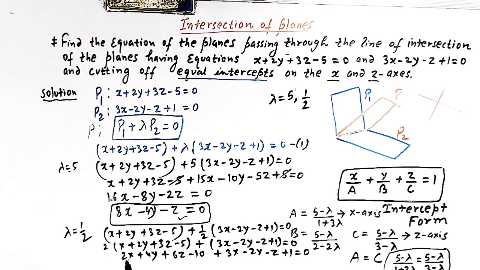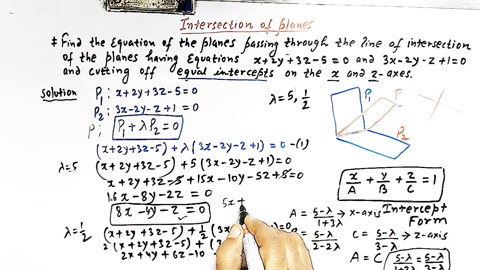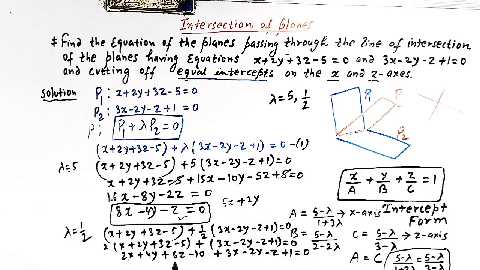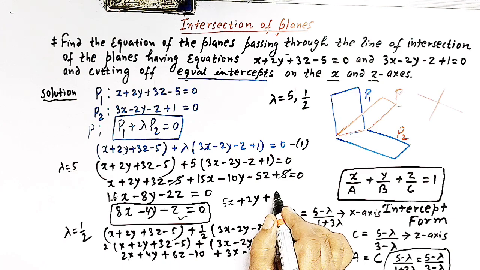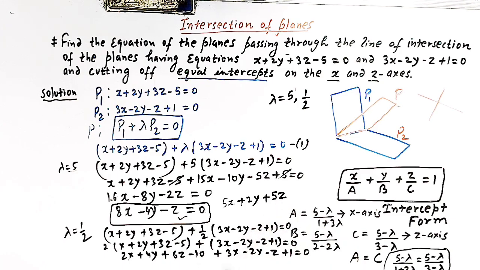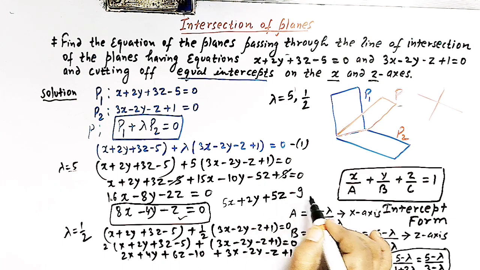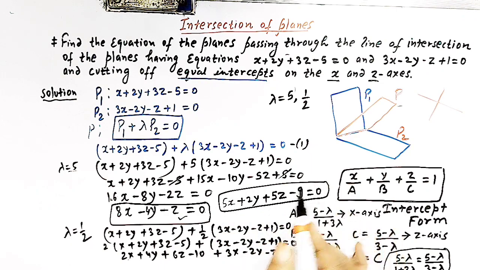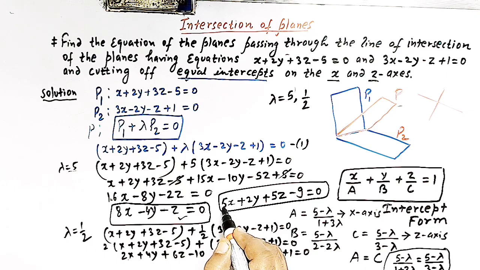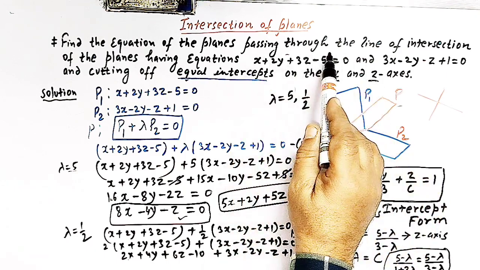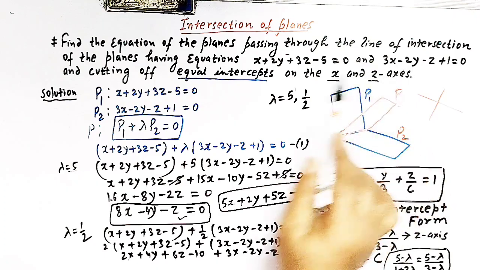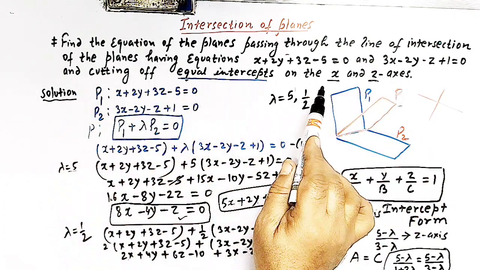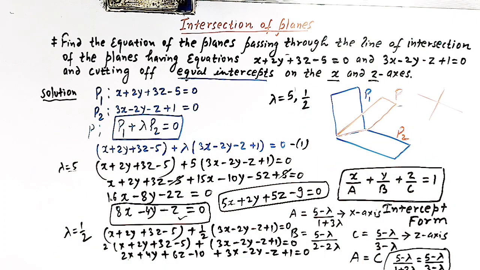So now 2x plus 3x is 5x, then 4y minus 2y is plus 2y, and 6z minus z is plus 5z, and minus 10 plus 1 is minus 9, and this is equal to 0. So this is the equation of the second plane which passes through the line of intersection of these two planes and cutting off equal intercept on the x and z axis.